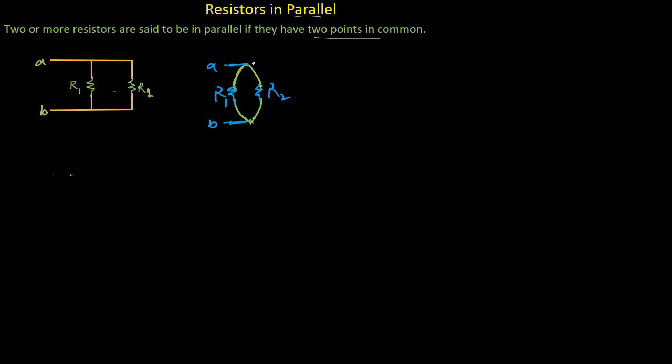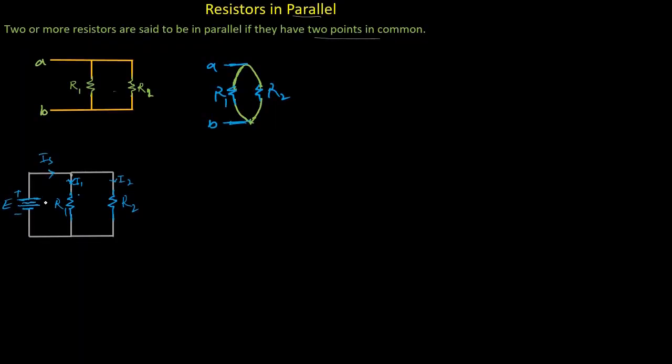Now to understand this parallel connection in more detail, let's take an example in which we have a DC voltage source connected in parallel with two resistors R1 and R2, and let's say V1 is the voltage drop across the first resistor and V2 is the voltage drop across the second resistor.